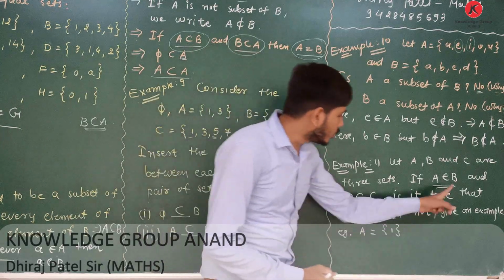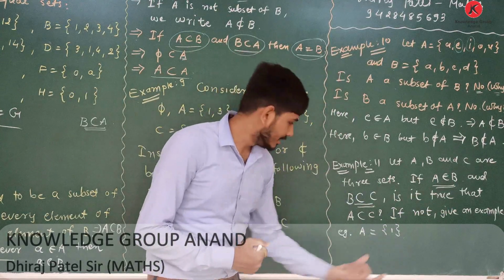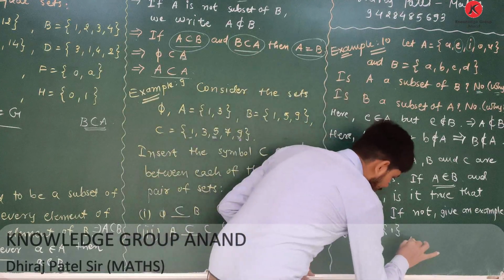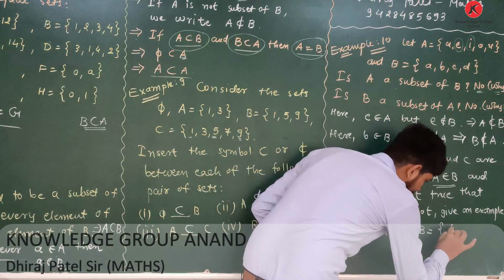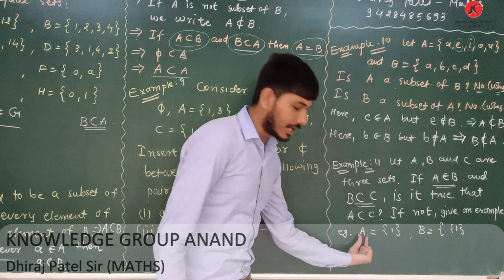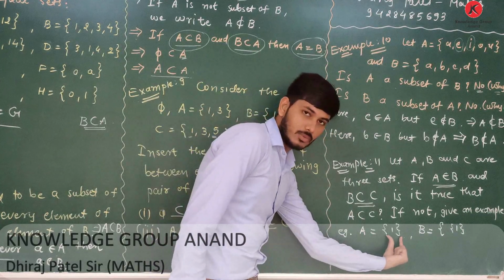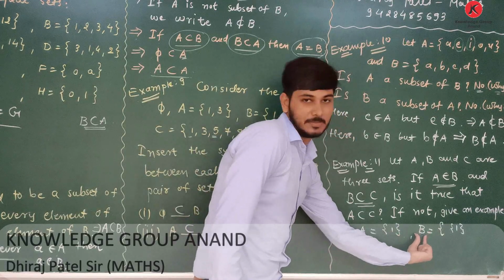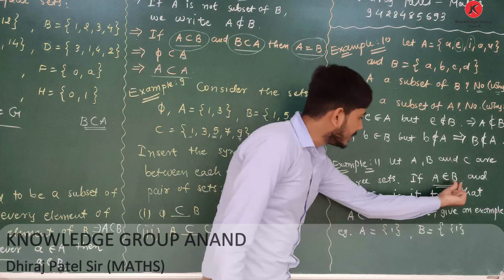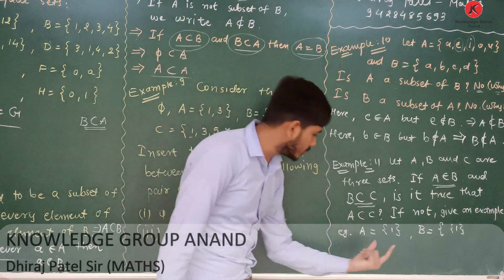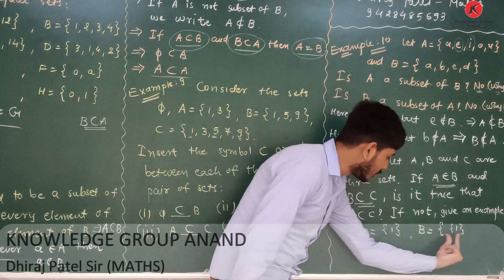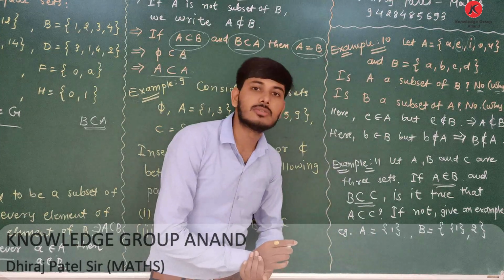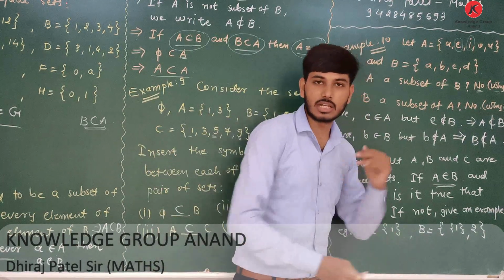Now we have to take B such that A belongs to B. Since set A is {1}, this is an element of set B. So you have to take {1} as an element of set B and take another element also, because we have to check it, so we take more elements.